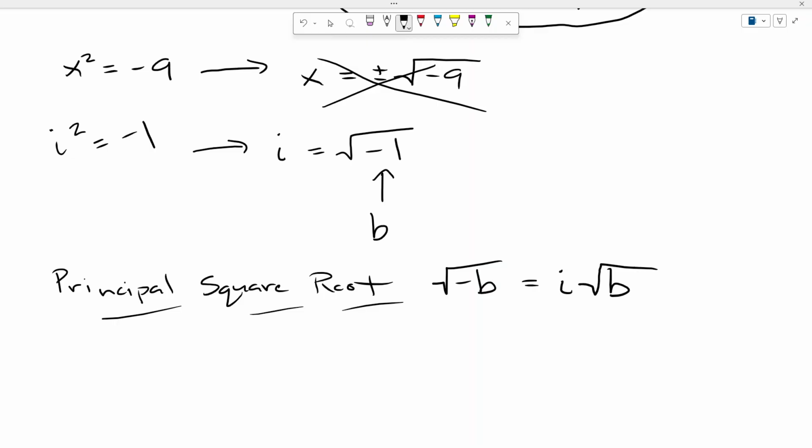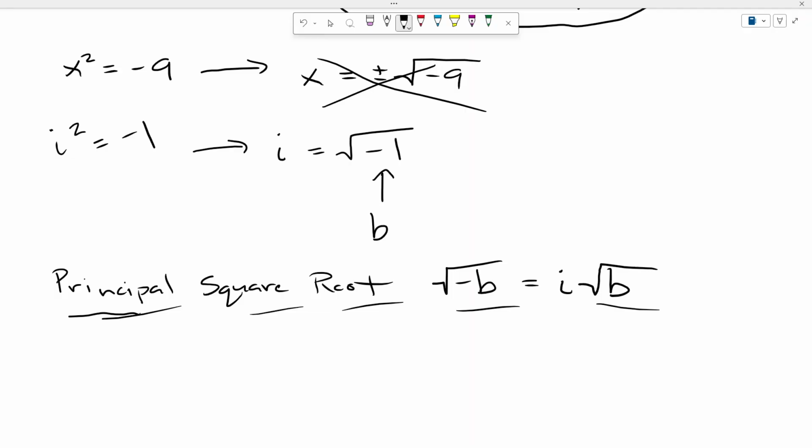We just have to put the i out front, because obviously we can take the square root of a positive number. A negative we can't, but we can of a positive. We just have to put the i out front using the rule of the principal square root. So let's keep that in mind.